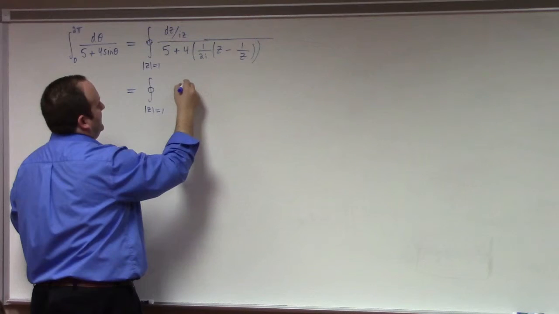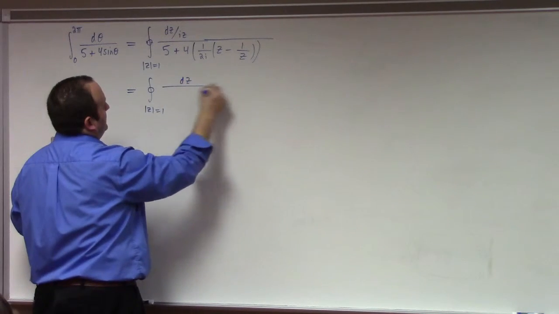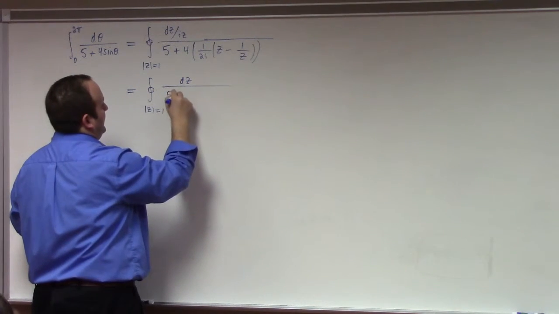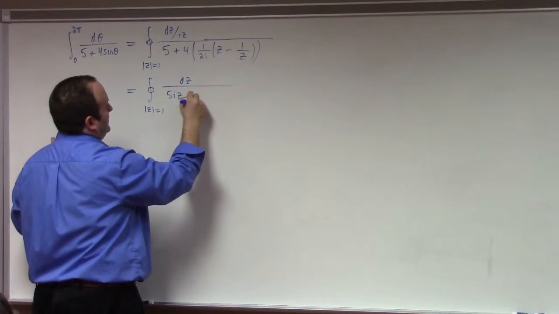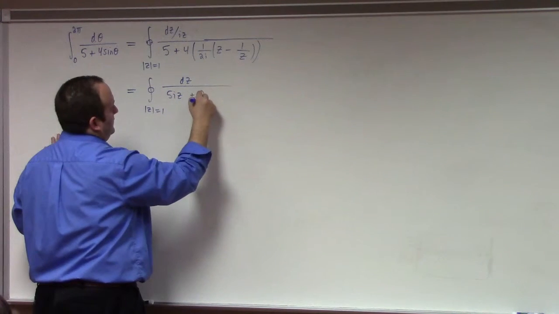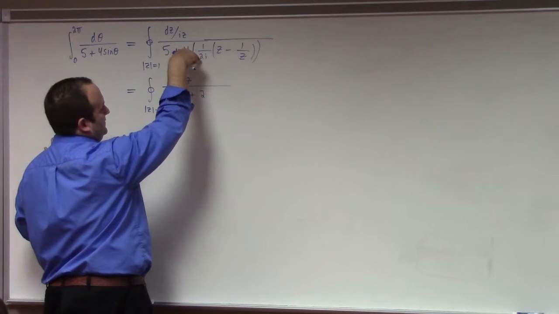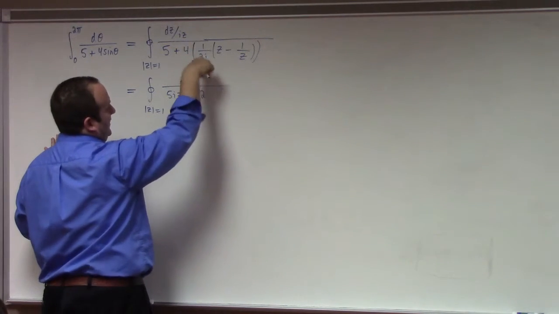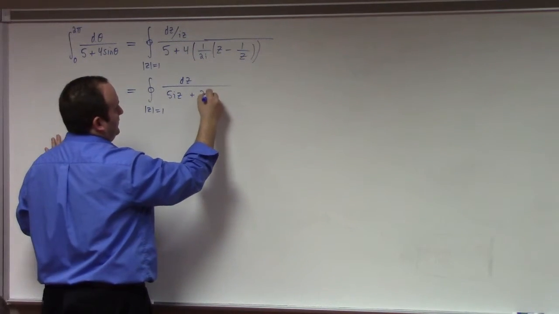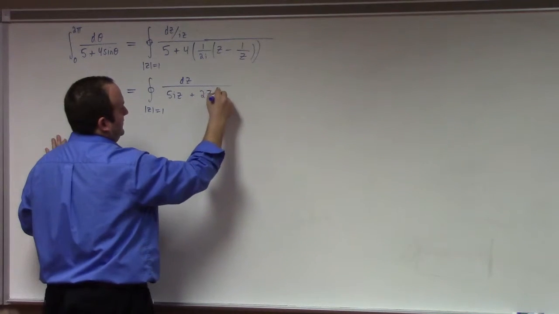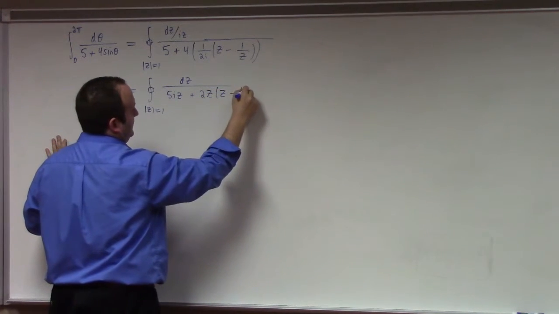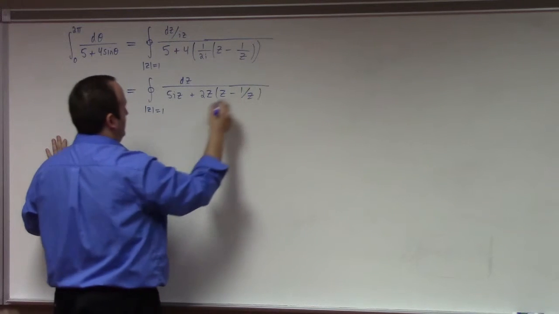All right, so this is dz over 5iz plus 2. I'm canceling this to give me 2, and I'm multiplying through the i, so the i cancels 2. z times z minus 1 over z. Not done yet.